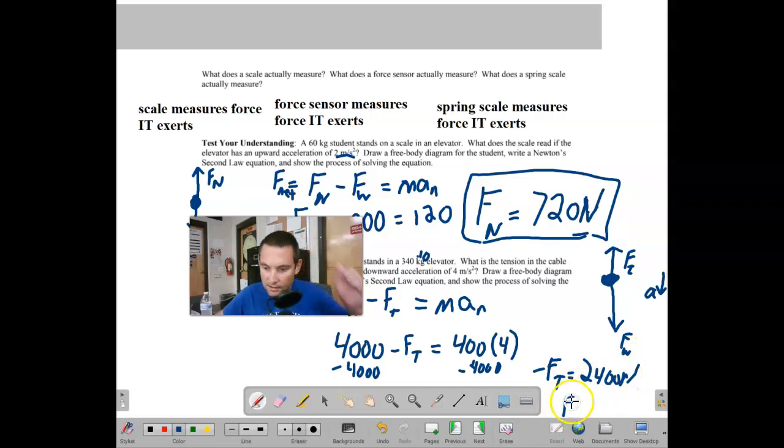So Ft is going to be 2,400 newtons in the up direction. You can have that positive, you can have it as negative. It is negative because up is the opposite of our net acceleration downwards.